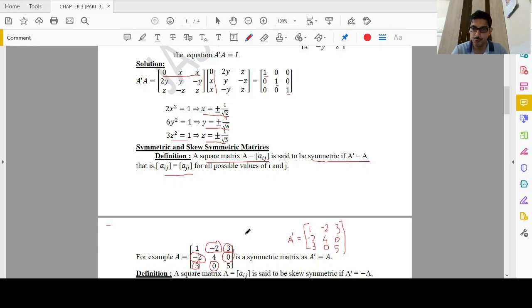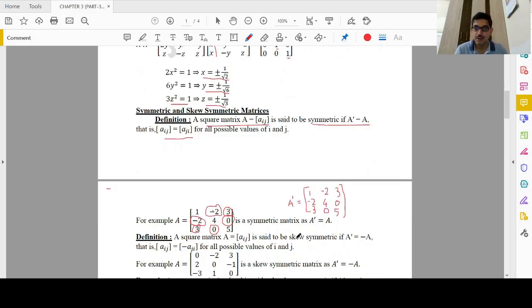You just have to verify these three pairs of elements, that is A12 and A21, then A13 and A31, then A23 and A32. If these three pairs of elements are same, then it will be a symmetric matrix.